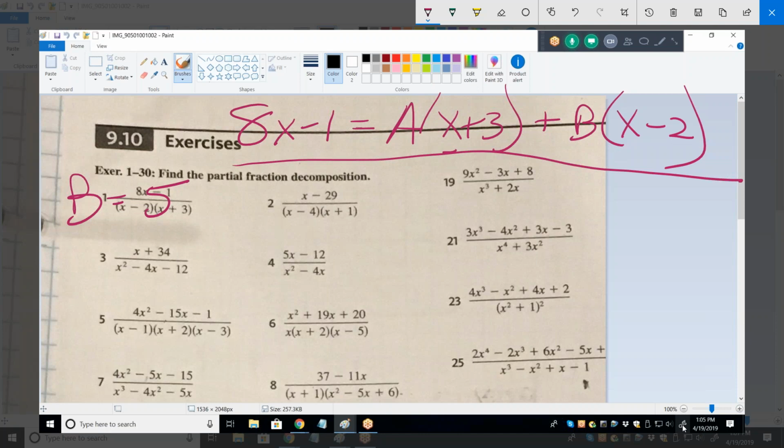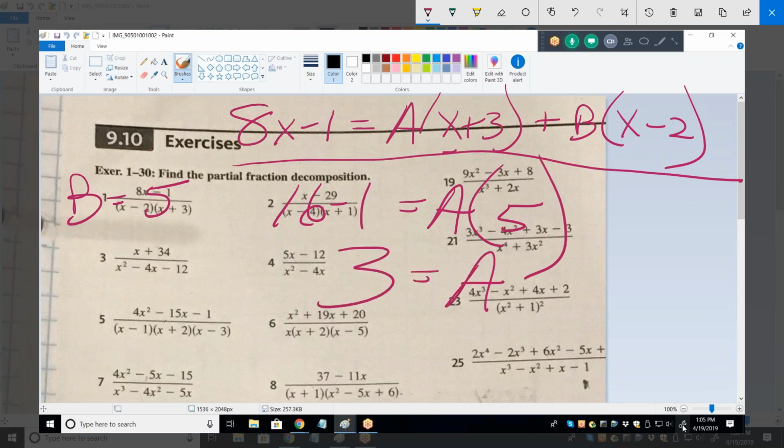So what's the next value of x that I want to plug in? 2. Okay, so 2 would give me 16 minus 1 over there, A times 5. What's A equal to? 3. Now we've solved it.